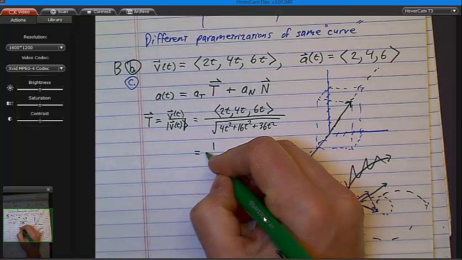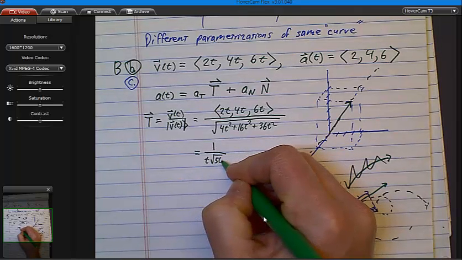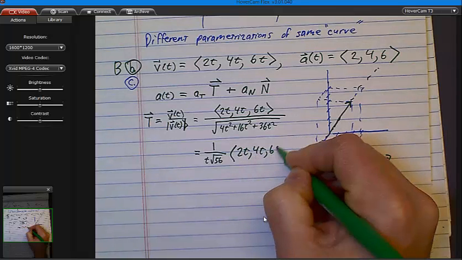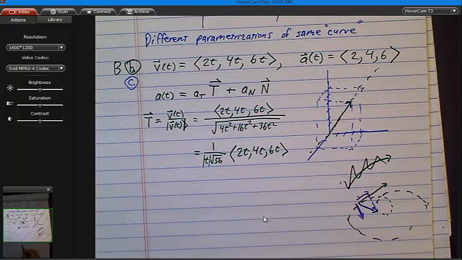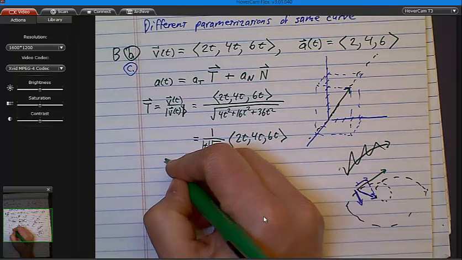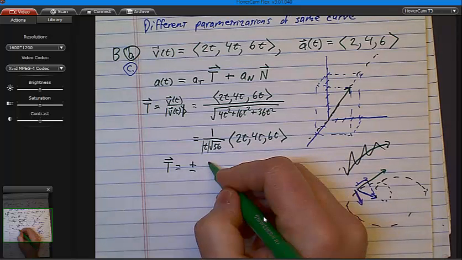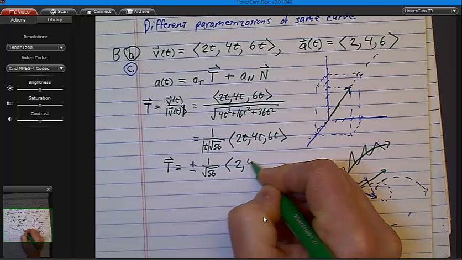I could say this is 1 over t square root of 56 times 2t, 4t, 6t, although there's an absolute value here, right? Got to watch that, I guess. So I could say T is either plus or minus 1 over the square root of 56 times 2, 4, 6.